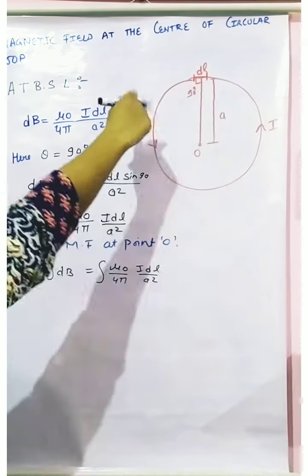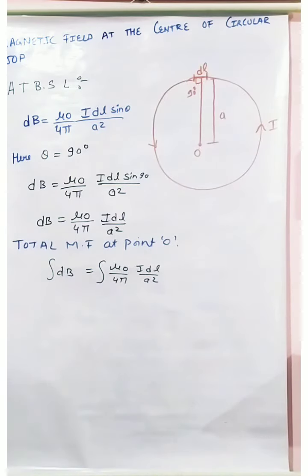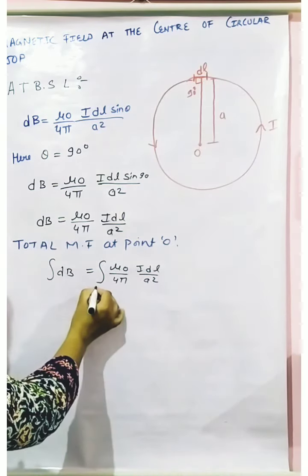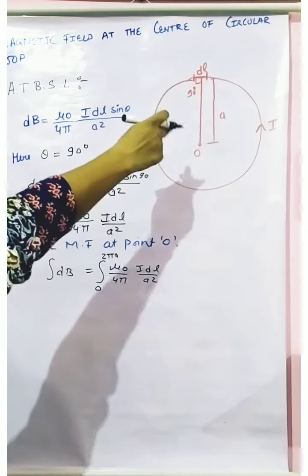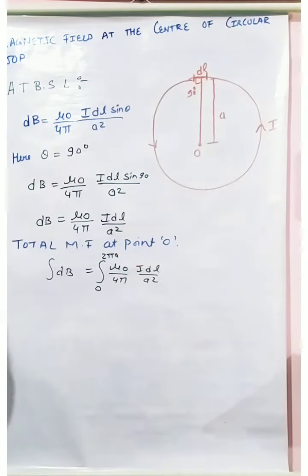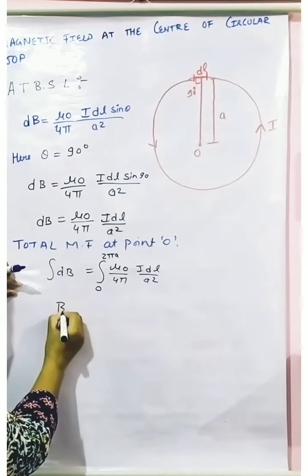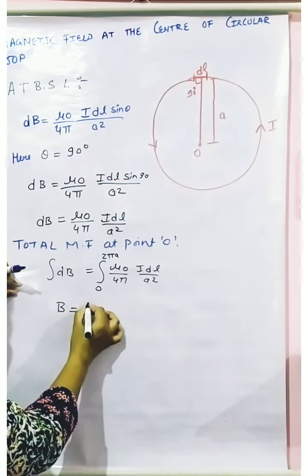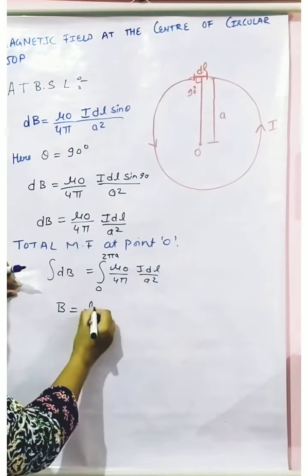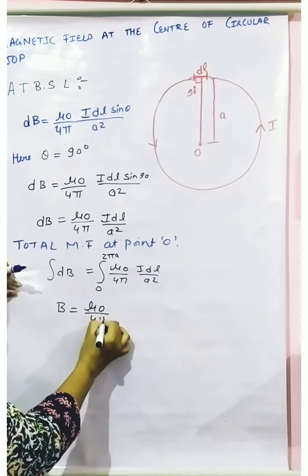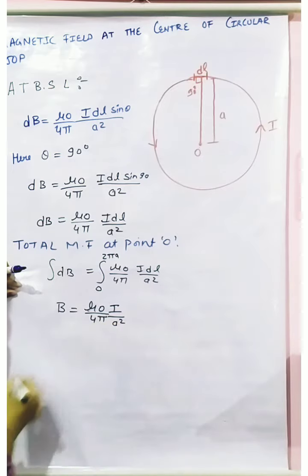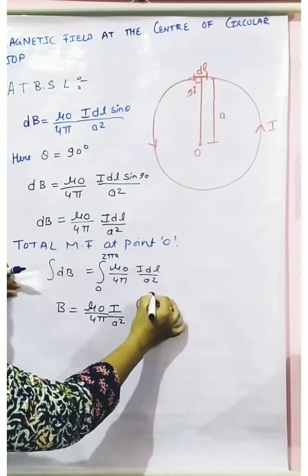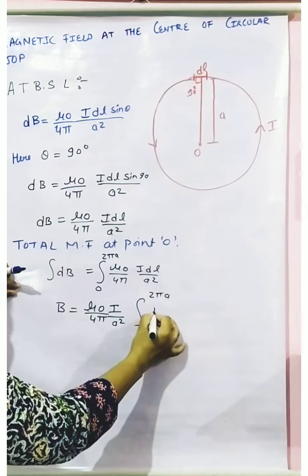This is a circular loop, so obviously its circumference will be from 0 to 2 pi a. Why am I writing a? Because that radius we have considered as a. So B is equal to, this will come outside, mu naught upon 4 pi, along with I and a square, the integration from 0 to 2 pi a of dl.